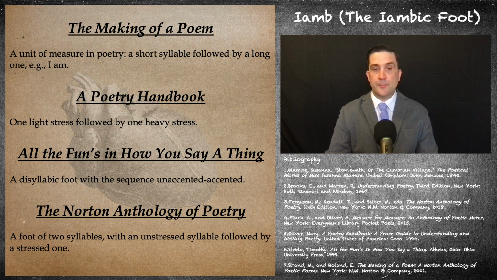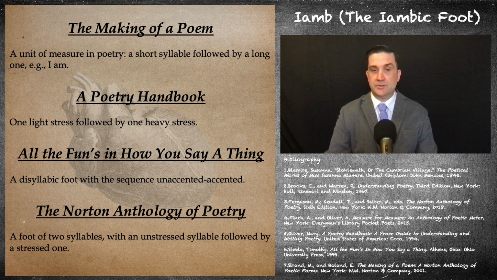Next up, we have A Poetry Handbook, a prose guide to understanding and writing poetry by Mary Oliver. By the way, if you want a short and sweet introduction to writing and understanding poetry, then this is your best bet. I highly recommend picking this book up. Serves as a great introduction. At any rate, Mary Oliver defines an iamb as one light stress followed by one heavy stress.